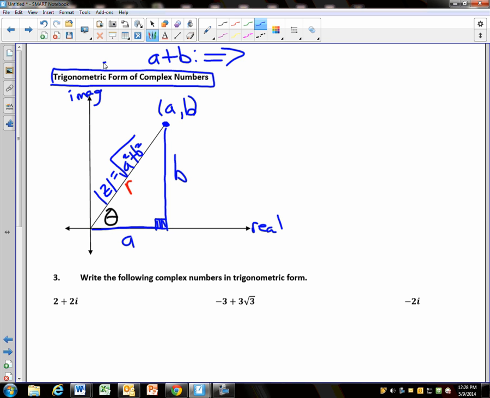Instead of using a and b to write this number, say for example we had 2 plus 3i, what would that look like if we didn't have an a and a b value, but instead had an r value and a theta value? Watch what happens here.